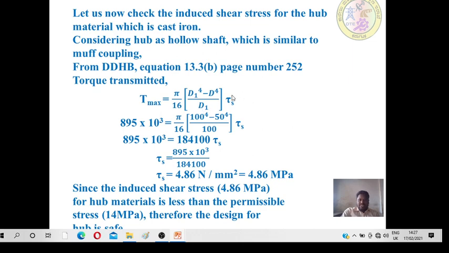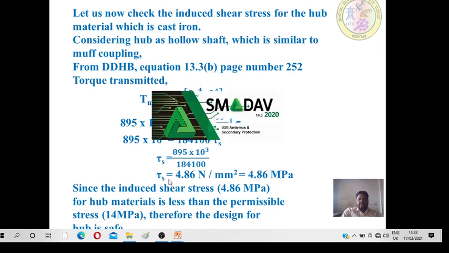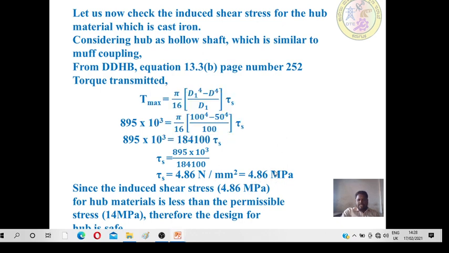Now I need this value. Substituting everything, I will get the value of tau s equal to 4.86 Newton per mm square, which is equal to 4.86 MPa. And you have to verify this with the allowable shear stress.